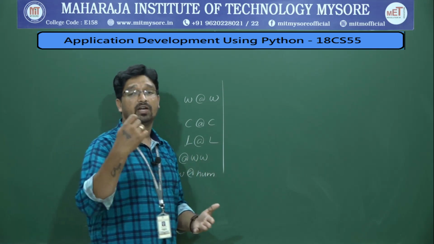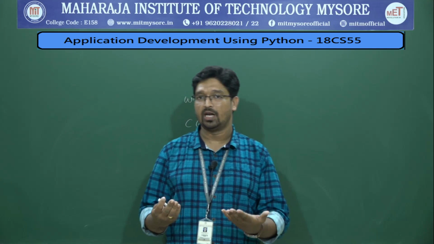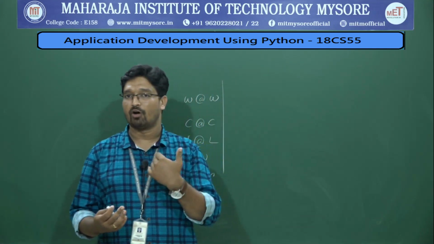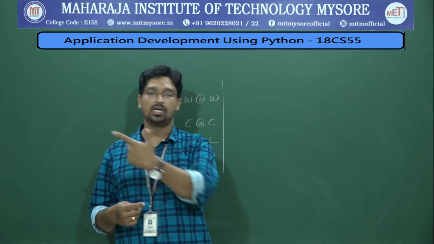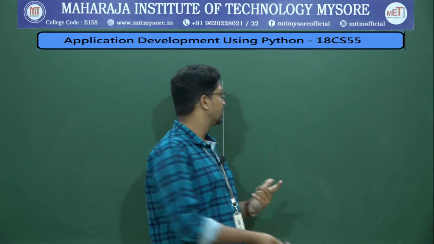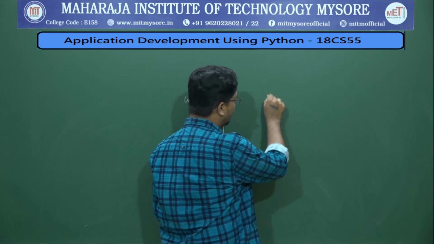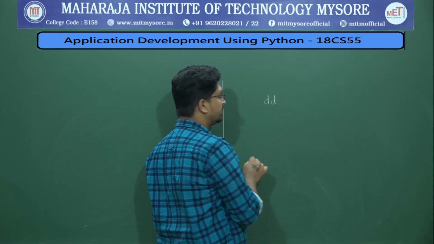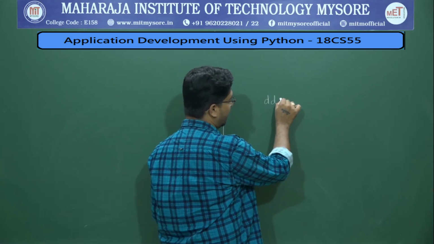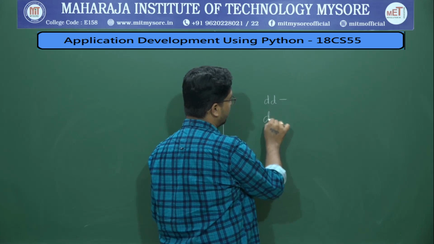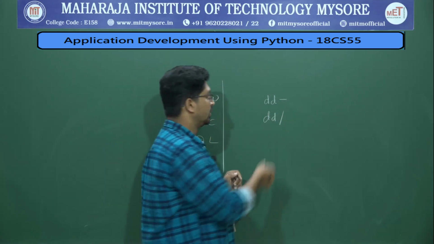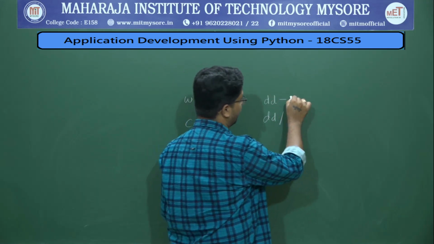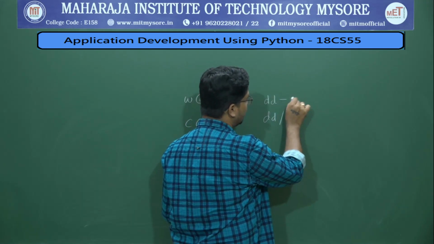Then how do you identify date of birth? You will know the date of birth format: DD, that is date, month, year. DD means you should have 2 digits. You can have a dash or a slash, whatever you want, followed by again 2 digits.